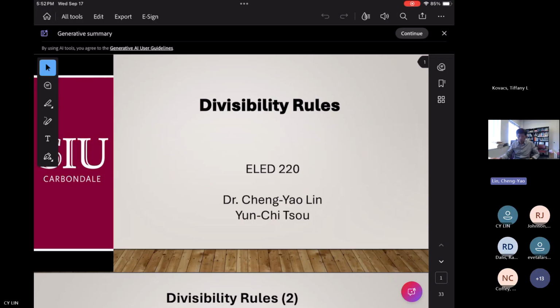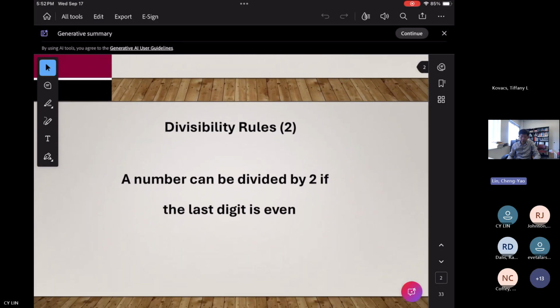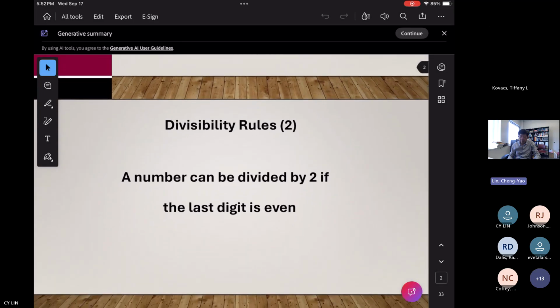All right, let's move on to divisibility rules. Divisibility rule 2: a number can be divided by 2 if the last digit is even.